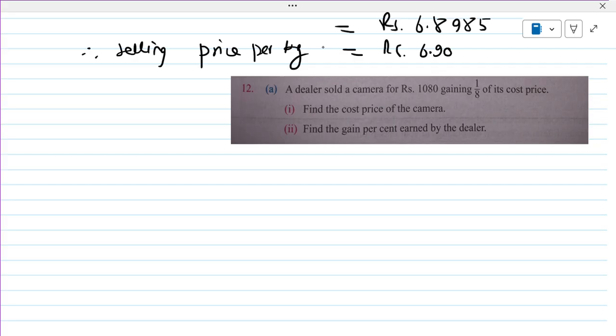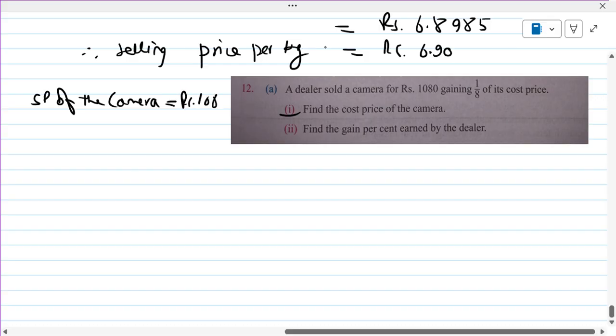So let's go with first. A dealer sold the camera for 1080. Selling price of the camera is given here, rupees 1080.